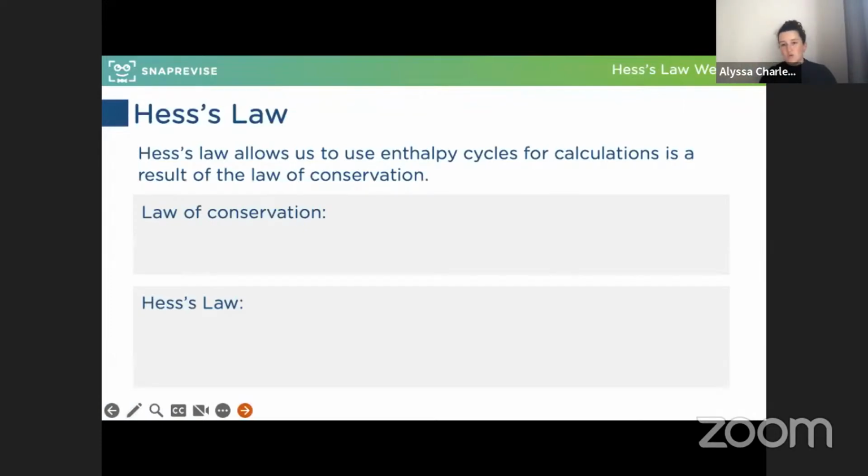So Hess's law, we've touched on this already. Hess's law, or the enthalpy law, allows us to use enthalpy cycles for calculations, and is as a result of the law of conservation of energy.